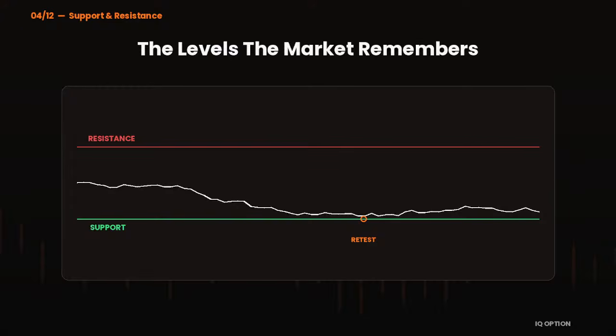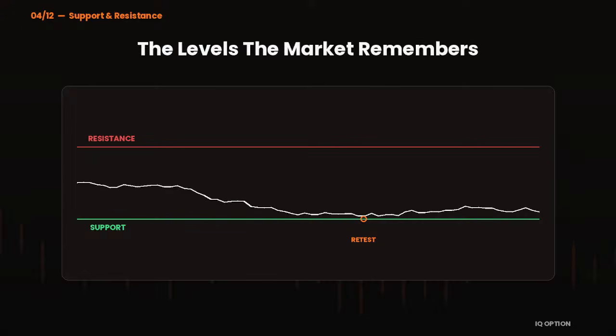It is the same case for the sellers' side. So when you see a support level, it means that is where the buyers come in, and when you see a resistance level, that is where the sellers come in. And when a resistance level finally breaks, it doesn't just disappear.